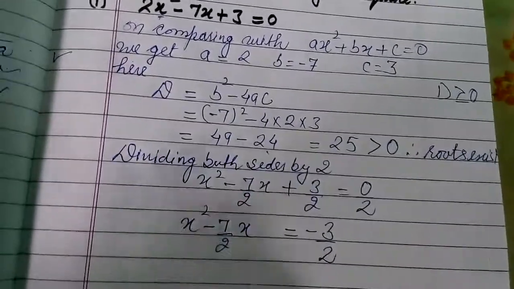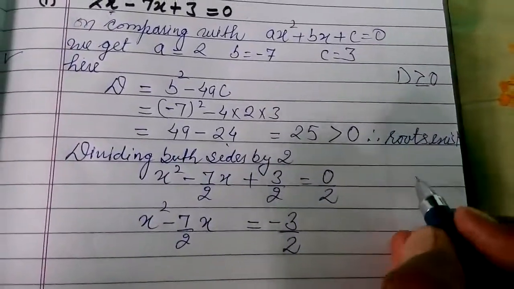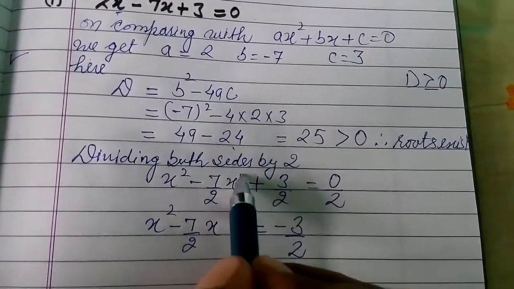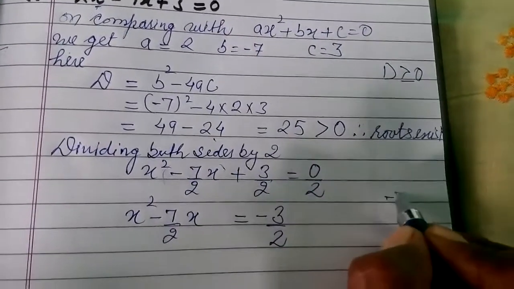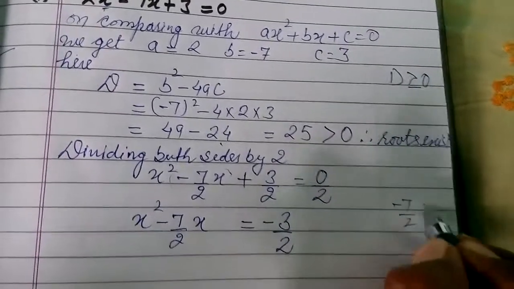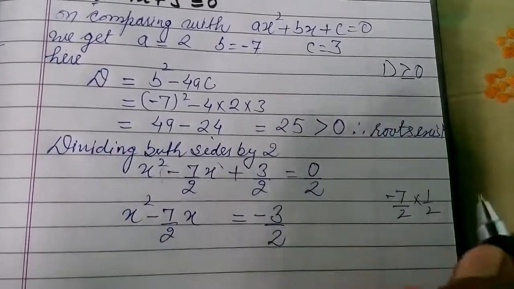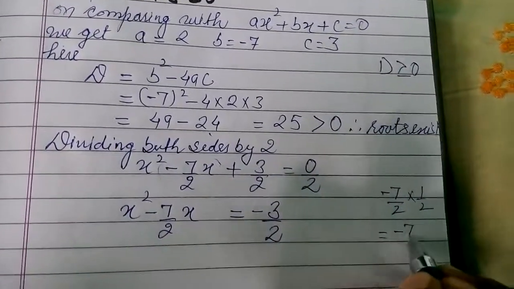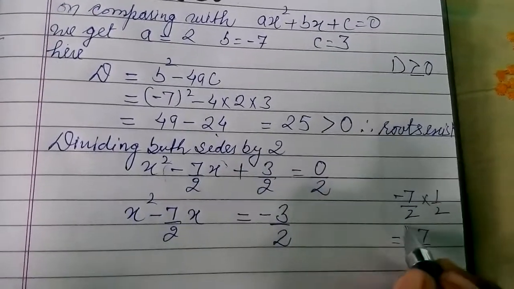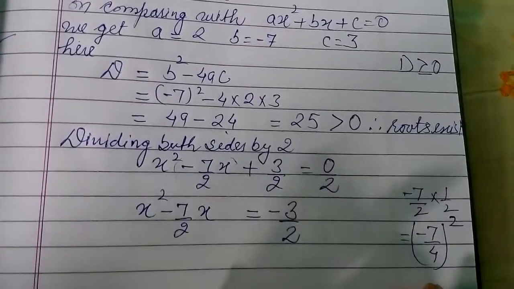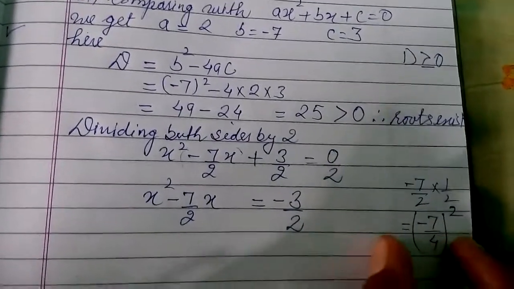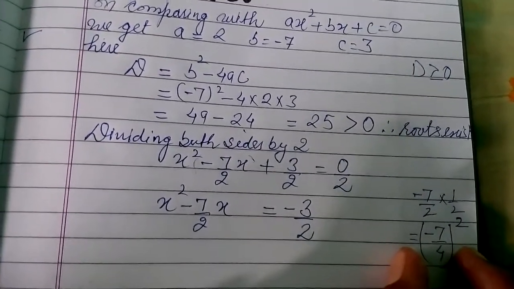Now let us do the second step. The second step is, whatever value you are finding here, multiply this value by 1 by 2, and you'll get 7 by 4. After getting that value, add (minus 7 by 4) square on both sides.